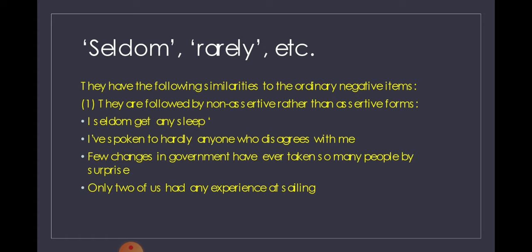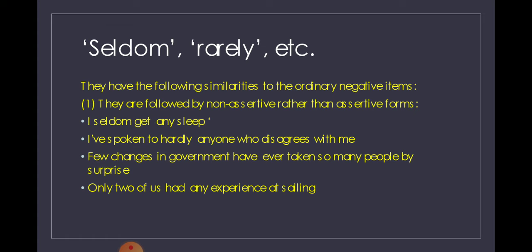So why do we consider these words as semi-negation words? Let us see the following things. They have the following similarities to the ordinary negative items. They are similar to negative words or morphemes in this way.